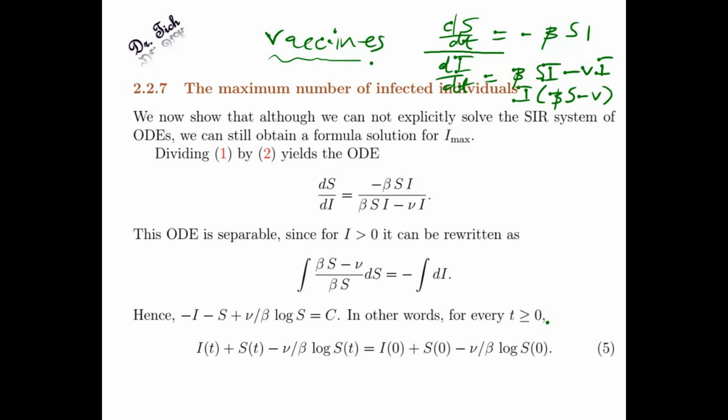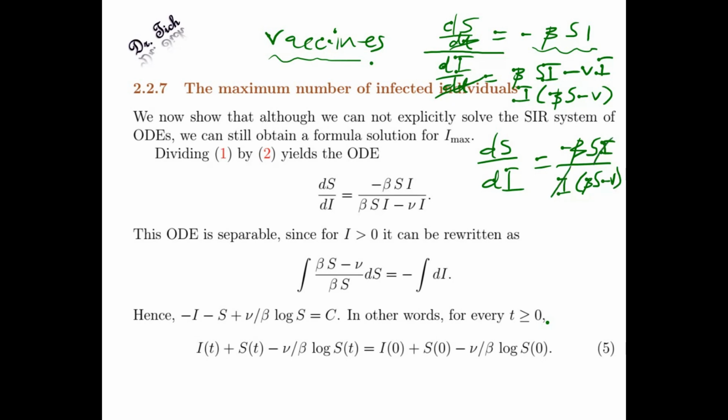The dt's are going to cancel, and you are going to remain with dS/dI is equal to equation 1 divided by equation 2, I times beta S minus v, and then the I's will definitely cancel.